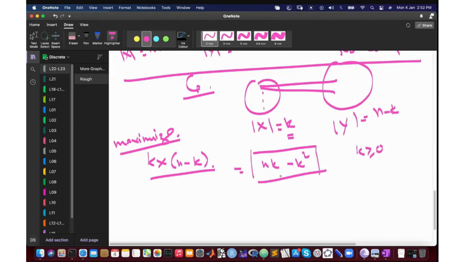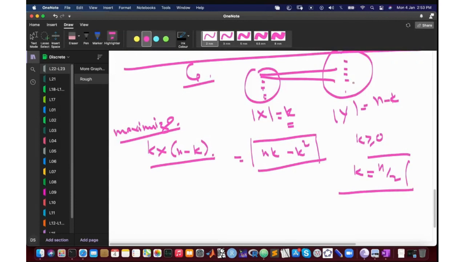What you do is you take a derivative, equate it to 0, and find the maximum value for k. You'll see that the maximum value is at k equal to n over 2. So you should place half of the vertices in here and half in here to get the maximum number of edges in your graph.